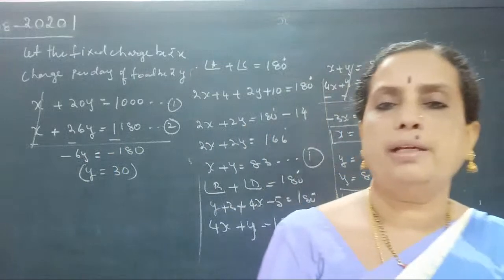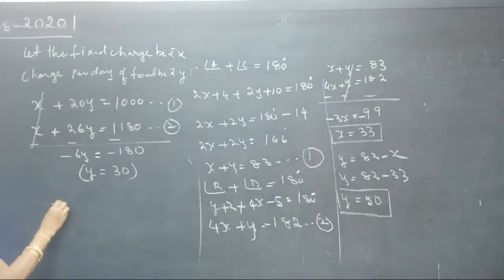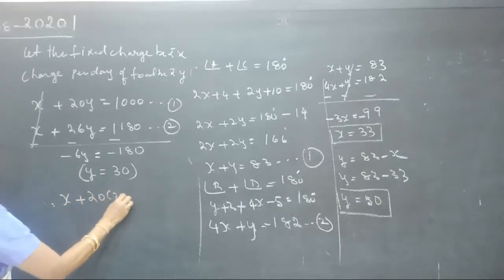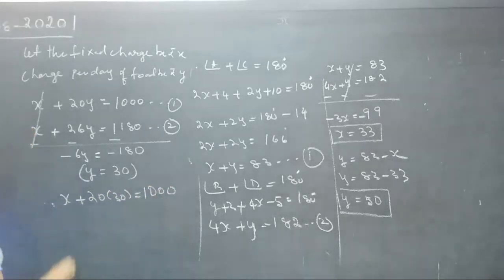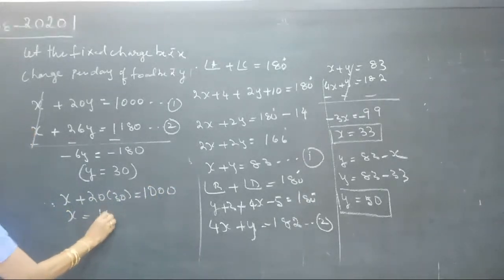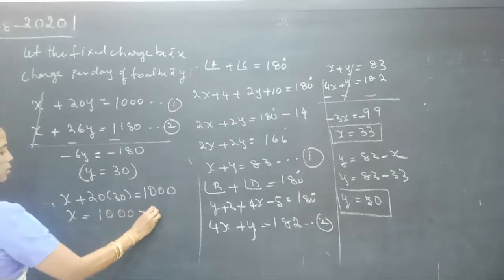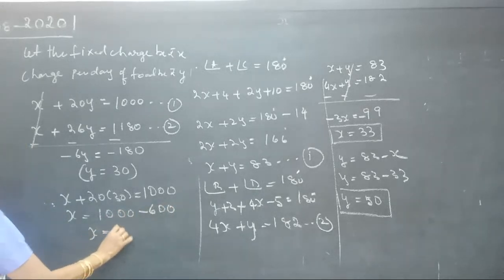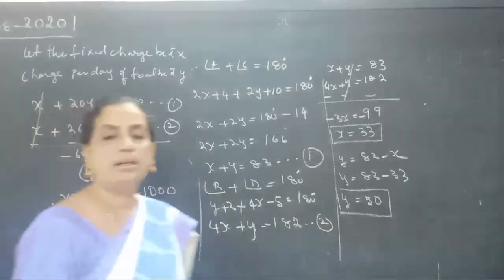Now calculate the fixed charge by substituting. Therefore, x plus 20 into 30 equals 1000. X equals 1000 minus 600. X equals 400. So what does this X represent?